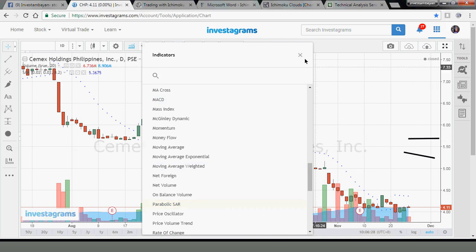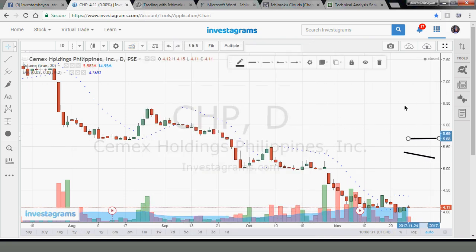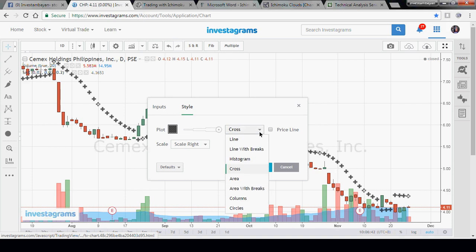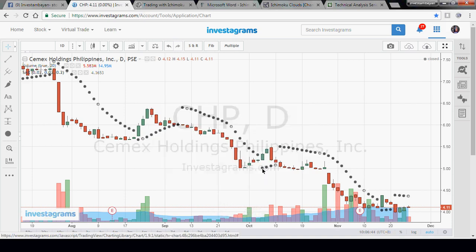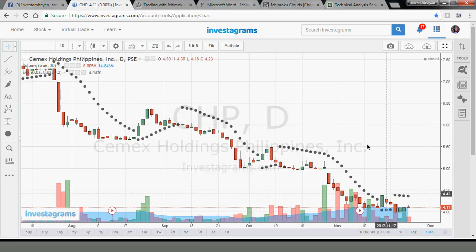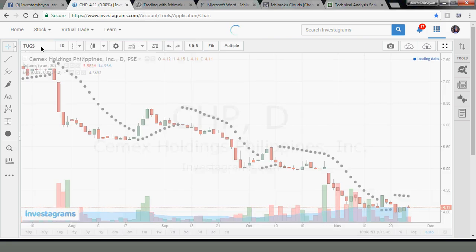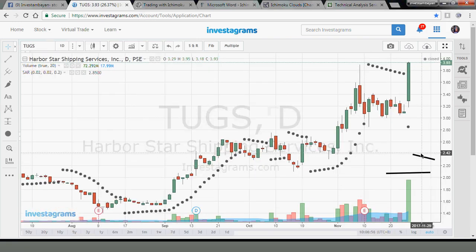So if you're good with the Ichimoku, go with parabolic. Sundan nyo yung pag-change ko ng settings. Ang ginagawa ko, check, para may idea kayo. Okay, balik tayo sa top.